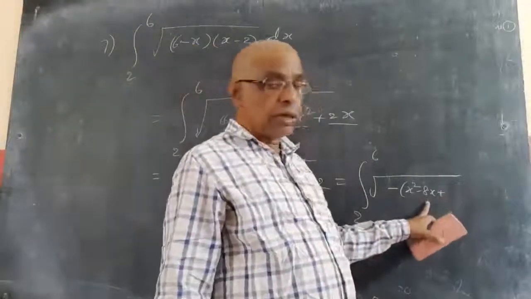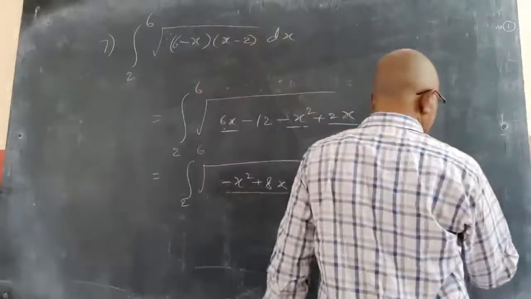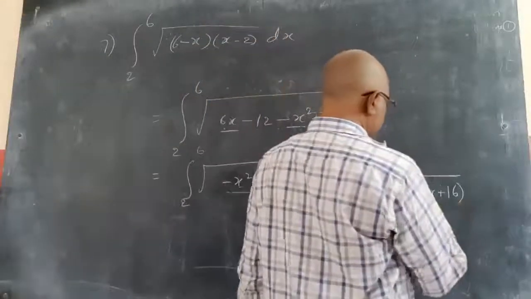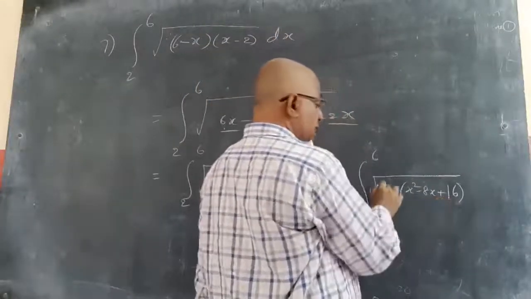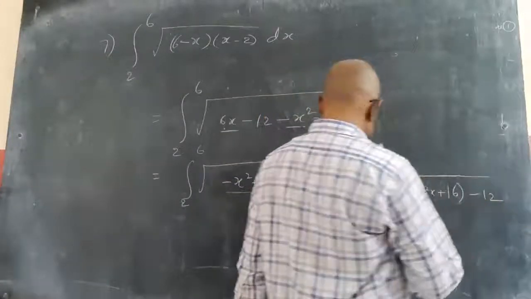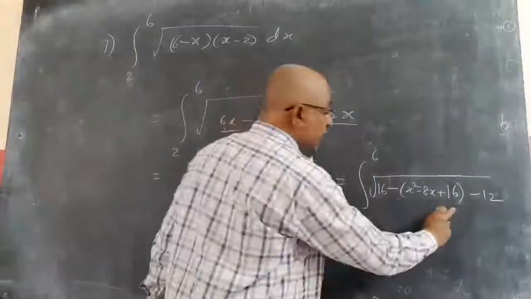So 2b equal to 8, b equal to 4, b square, 16 to be added, 16 to be subtracted. And now I am subtracting because minus is there, so I need to add 16, and this minus 12 adds to this.